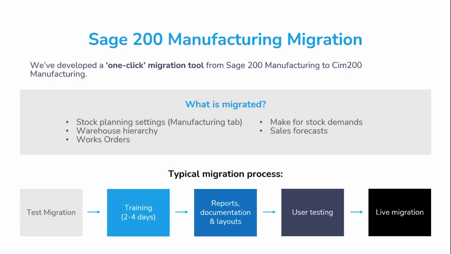And once the test system is set up, there will be a period of training, typically a few days, and changing the manufacturing reports and layouts to look at the CIM200 records. And that is pretty much it. So migration tool is so powerful that the demonstrations of CIM200 can be done even with your own data. So if you're open to that, the demonstrations can be delivered with your own data and your own processes.